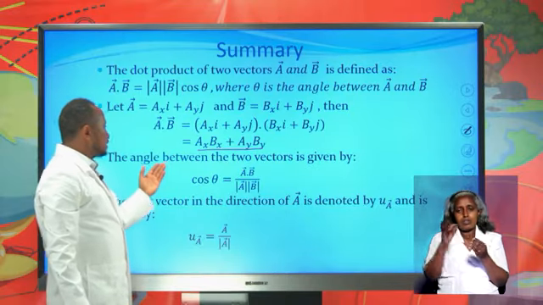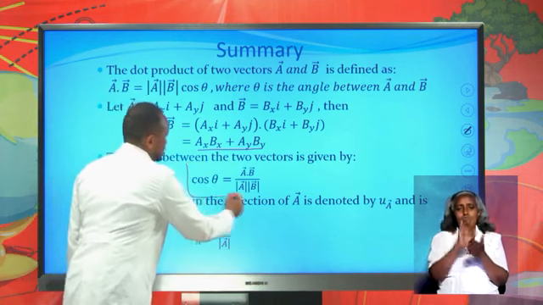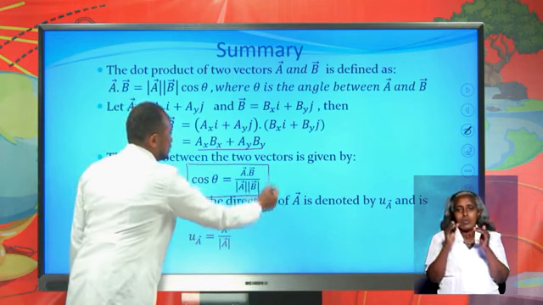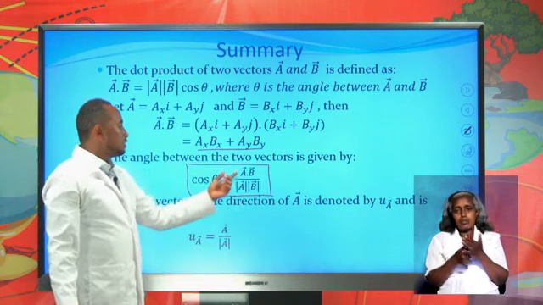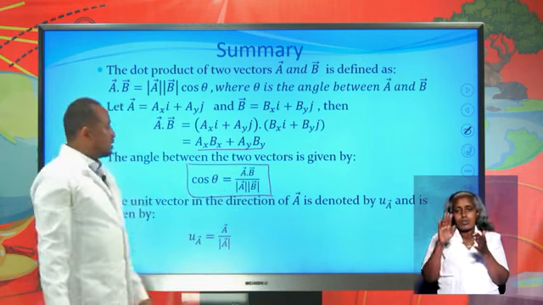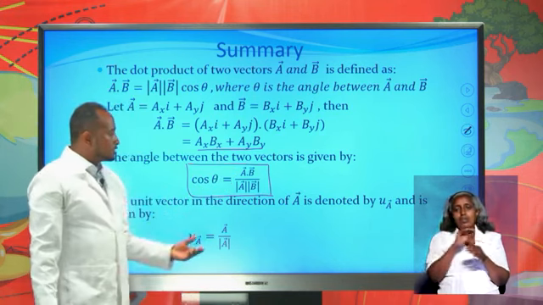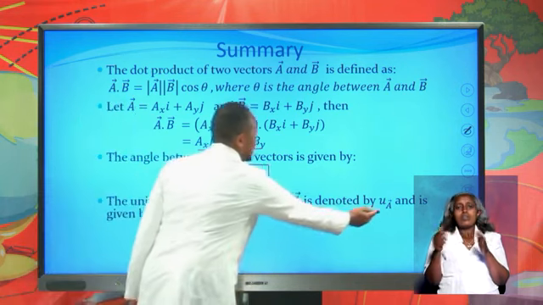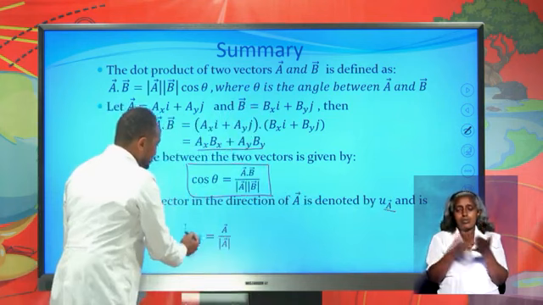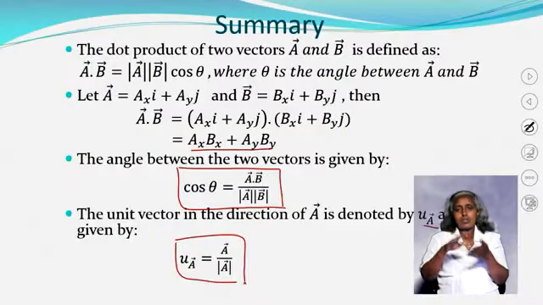In addition to this, to find the angle between two vectors, you use this formula: cos theta is equal to a dot b divided by magnitude of A times magnitude of B. And to find the unit vector in the direction of vector A, it's denoted by this symbol and it's given by this formula. So this is all about today's lesson, and I'll give exercise.